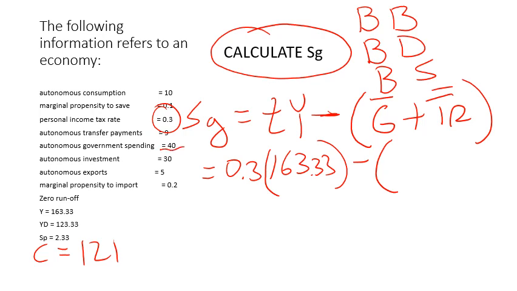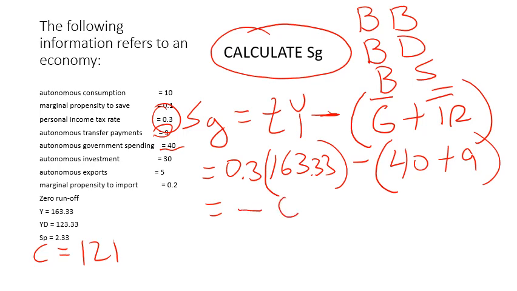Government spending is 40. Transfer payments are 9. And the answer is, well, the answer is very close to a balanced budget. But let's see what the precise answer is.